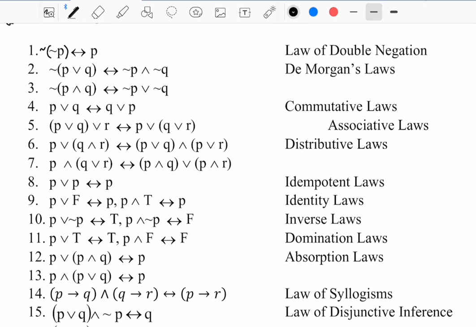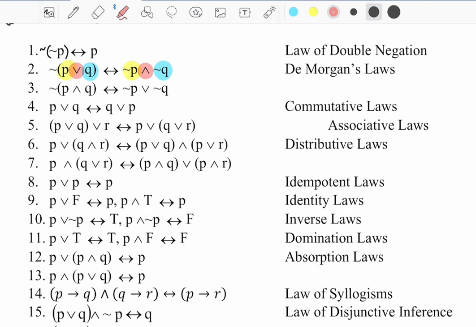All right, De Morgan's laws we touched on when we were doing Venn diagrams. It's a nice way of simplifying a complicated expression. So if you have a negation involving an and or an or, not only do you negate the two statements that make up the and or the or, I would negate the P, I would negate the Q, but I would also, quote unquote, negate the connector.